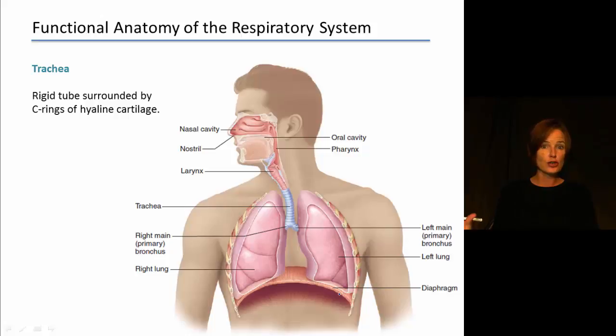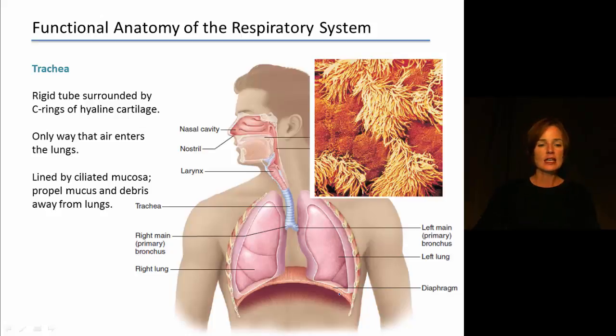By C-rings, I mean they're not completely closed around. This is the only way the air is going to enter the lungs, and it is itself lined by ciliated mucosa. You can see that in the image right here. These are responsible for propelling mucus and debris away from the lungs. We don't want that type of stuff to enter into the lungs.